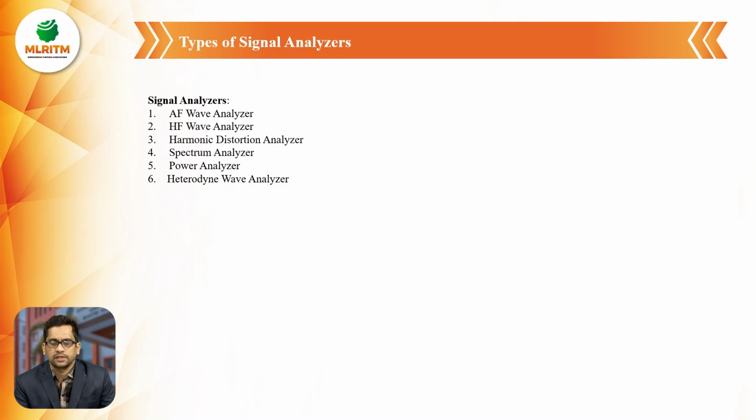Mainly, these signal analyzers are classified as AF wave analyzers, HF wave analyzers, harmonic distortion analyzers, spectrum analyzers, power analyzers, and heterodyne analyzers. These types are based on the application of the analyzers and their usage in different applications.